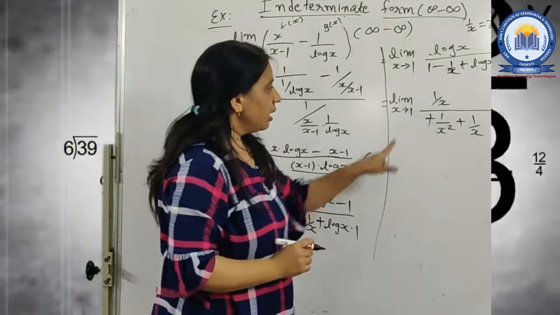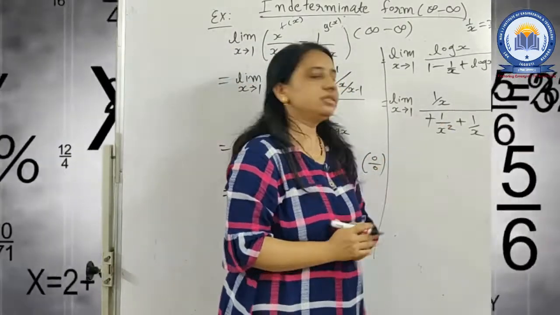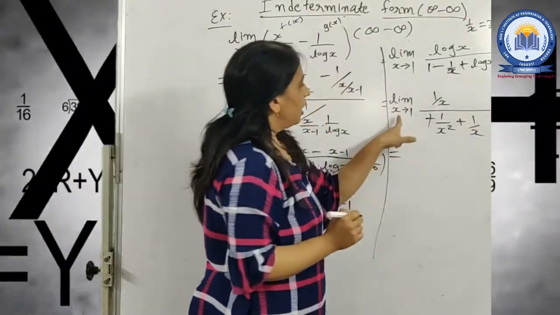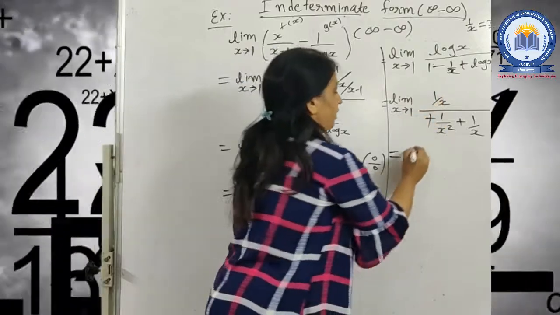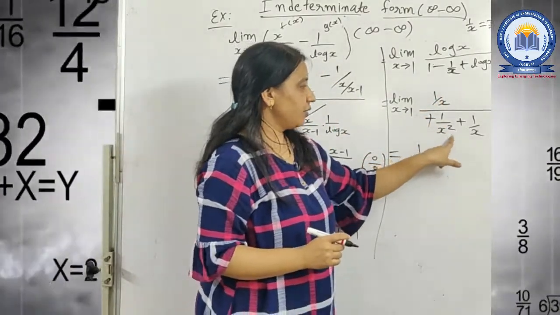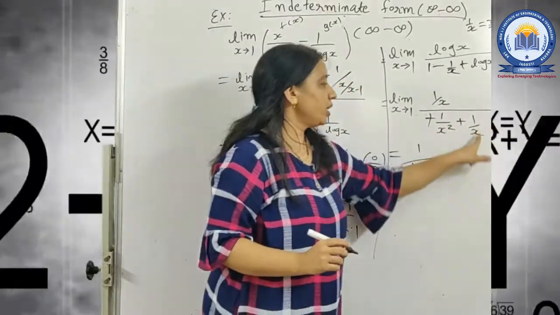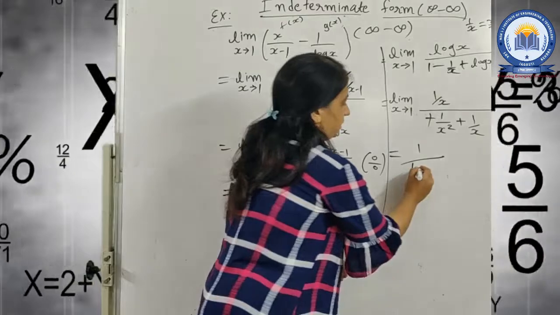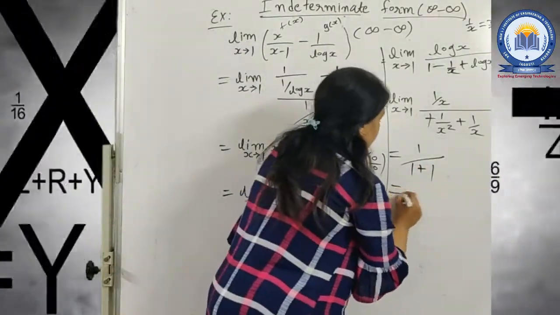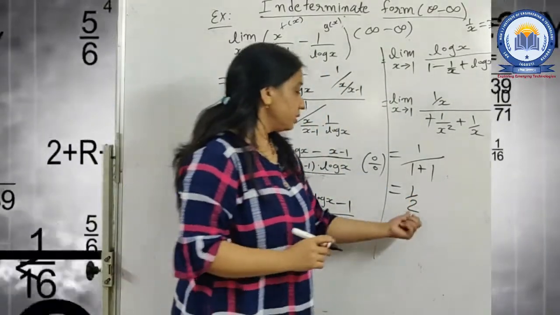Now again put the value of x equal to 1 into this equation. So we'll be having what? 1 upon 1 upon x square, x equal to 1. So it will become 1 plus 1 upon x, 1 upon 1, so that is also 1. So we'll be having 1 by 2. So now this is what?